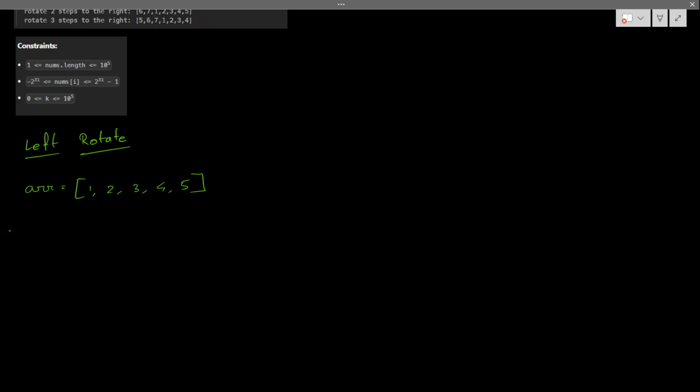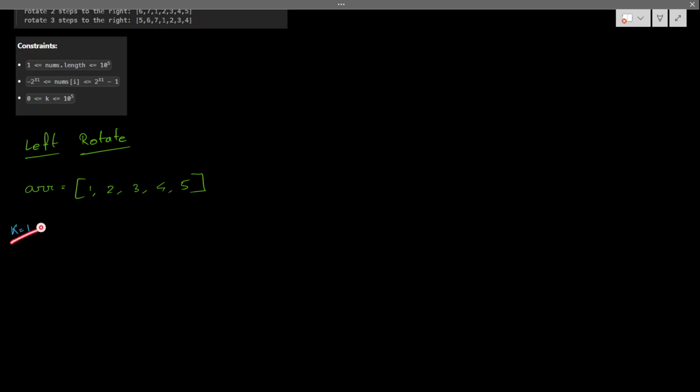If my k equals 1, that means left rotation. So the first element goes to this side, and after that all the elements move one step left.